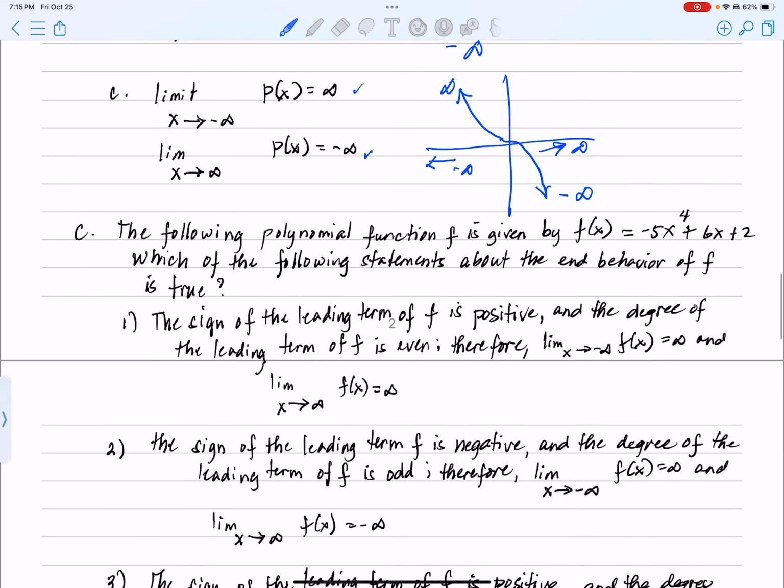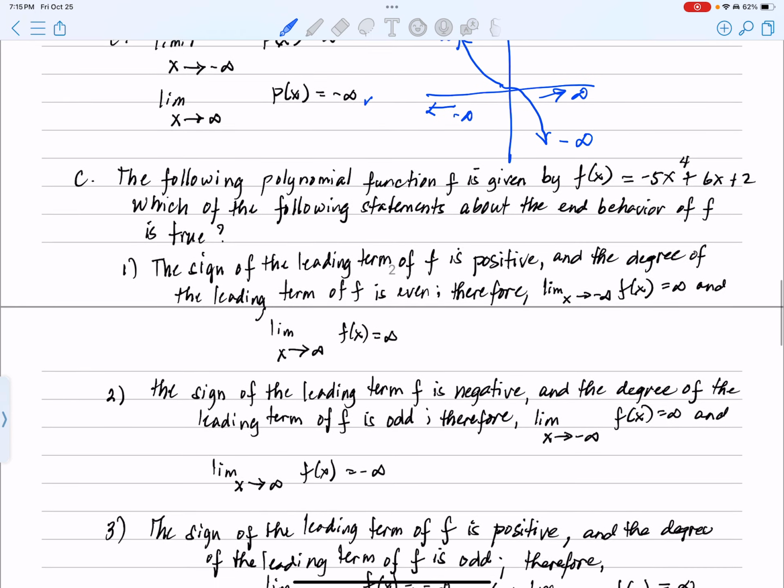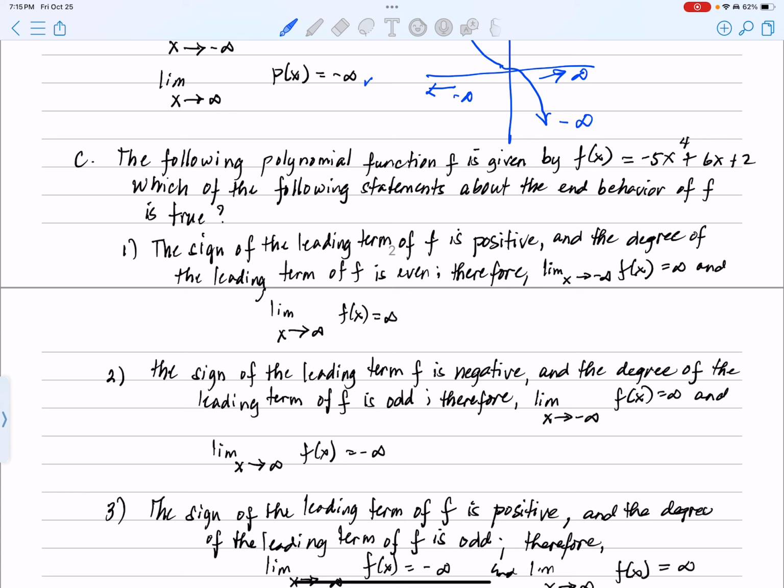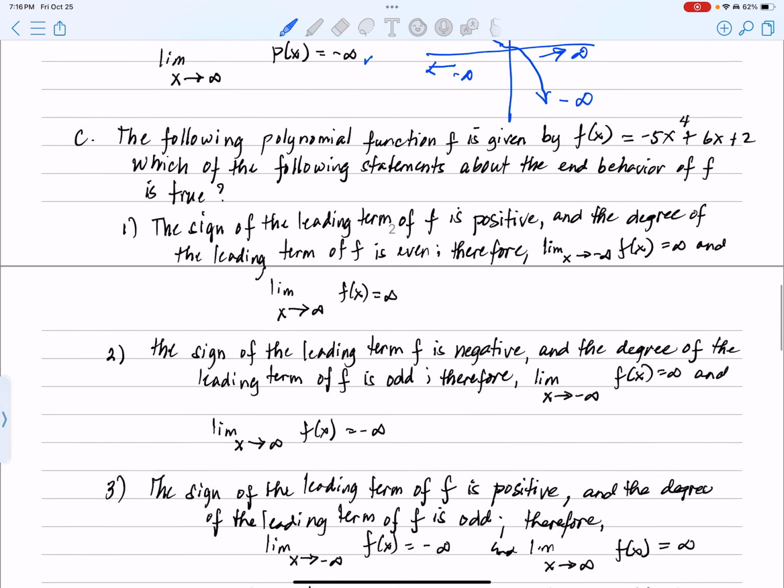Okay. The following polynomial function f is given by f of x equals negative 5x to the fourth power plus 6x plus 2. Which of the following statements about the end behavior is true? Okay. So we have to analyze our function by just looking at the leading term.